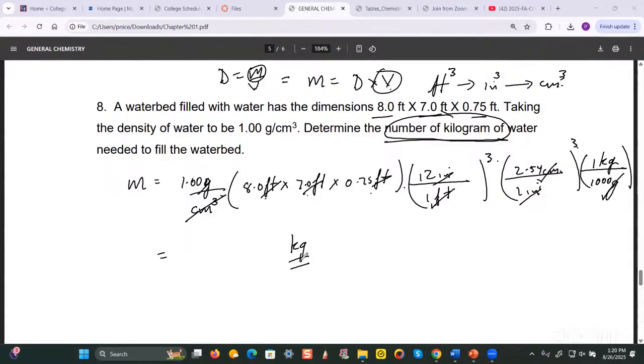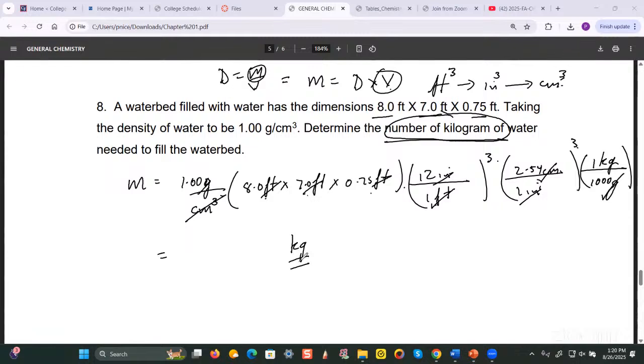8.0 times 7.0 times 0.75. And then I multiply by 12 cubed, and then I multiply by 2.54 cubed, and then I divide by 1,000.